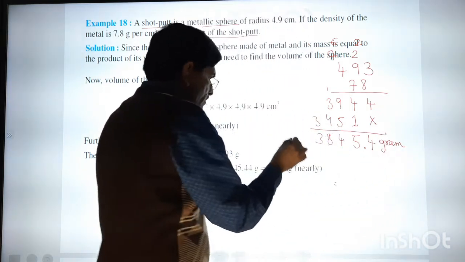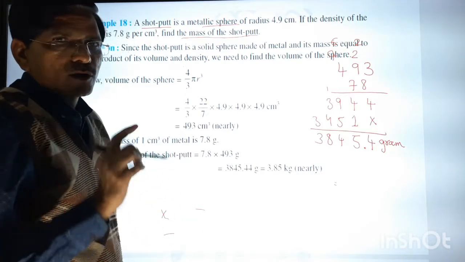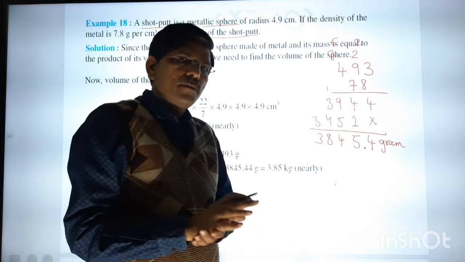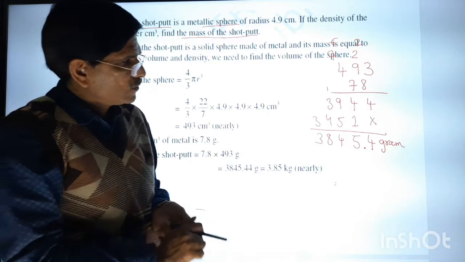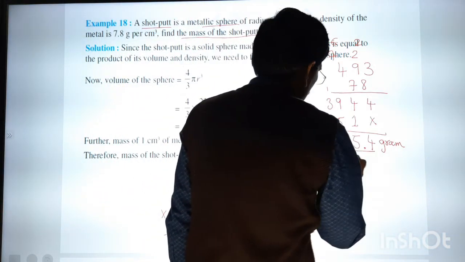Now they are writing the answer in kg. So can anyone say, if I want to convert gram into kg, what do I have to do? Who tells me? That is divided by 1000.